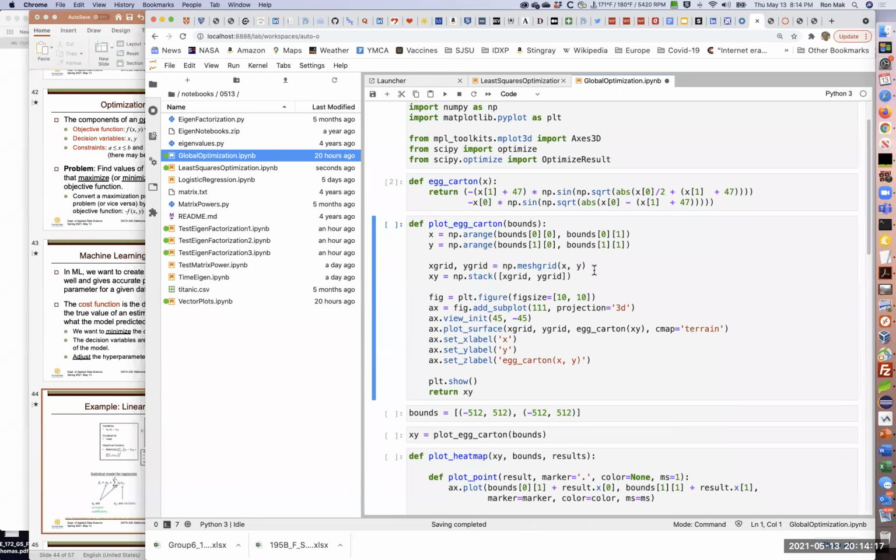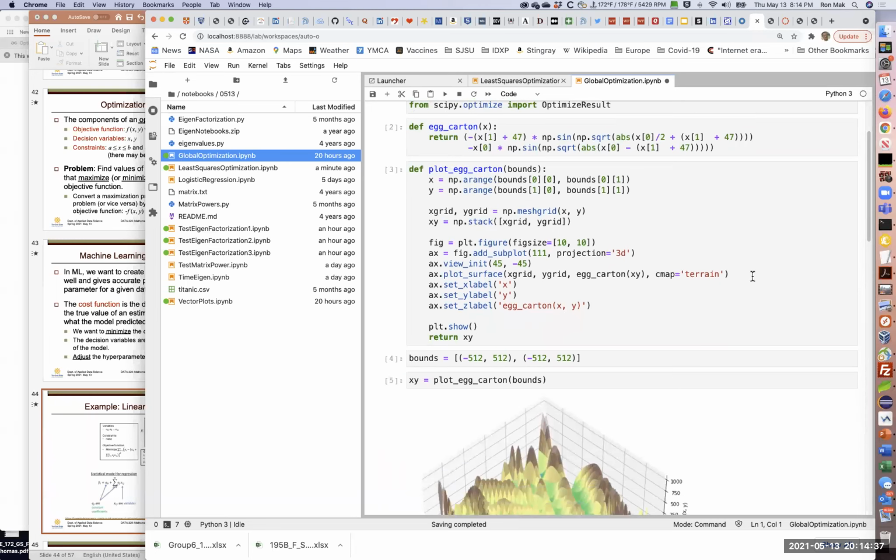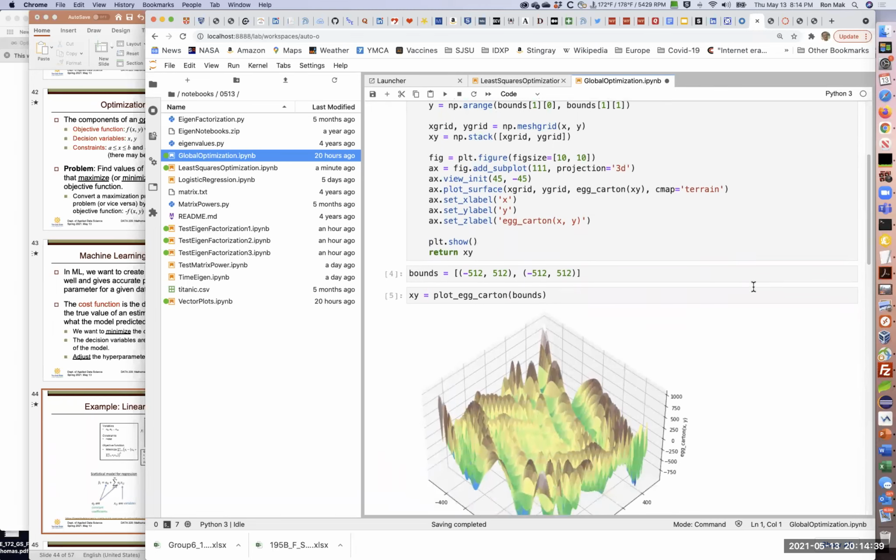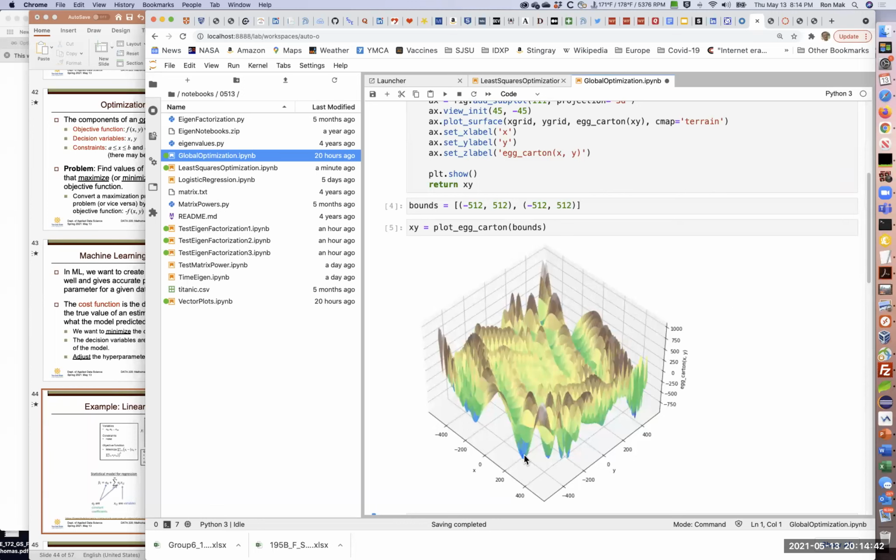What am I calling it here? Here's egg carton, and there you go, there's the call to egg carton, and I'm setting the bounds. Here it comes. All right, so this is the function. The minima look like the blue points, and the maxima look like these dark brown points.